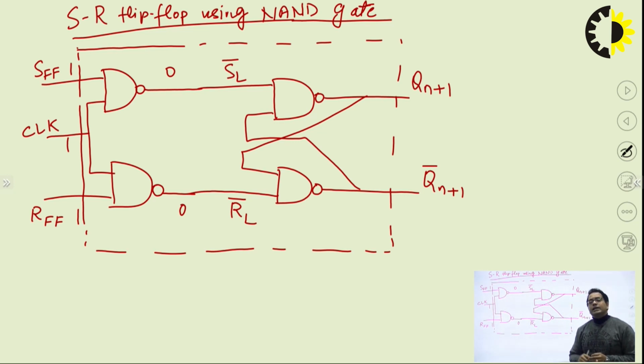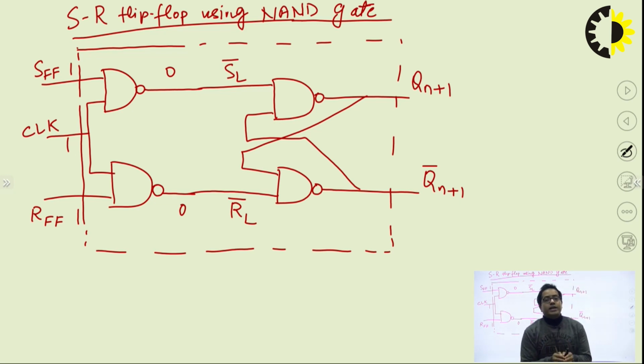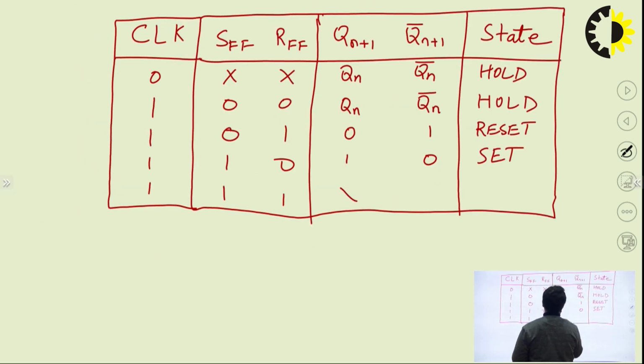At the same time you are telling the latch to enter into set, and at the same time you are telling the latch to enter into reset. Is it going to be possible? How can it set its value and again reset its value at the same instant of time? That means this is an invalid state. So this is your invalid state.